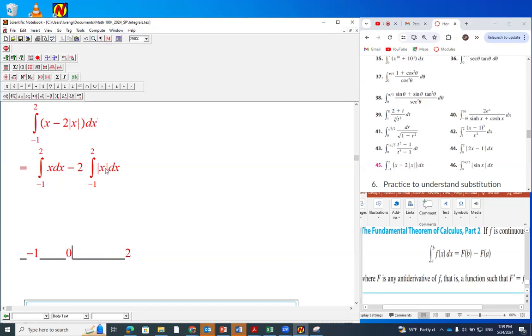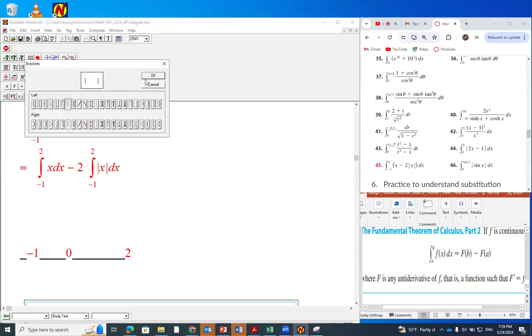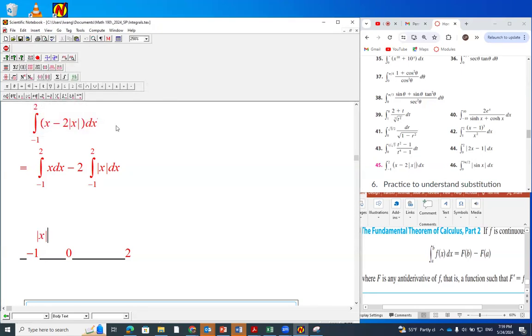And the absolute value of x on the interval between -1 and 0, I'm going to mark it this way: the absolute value of x on this interval is equal to -x.